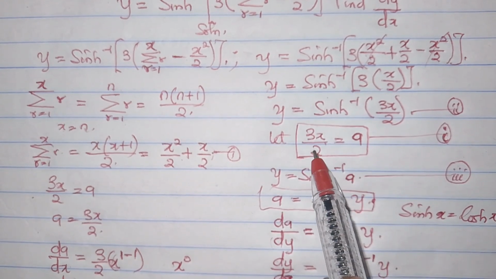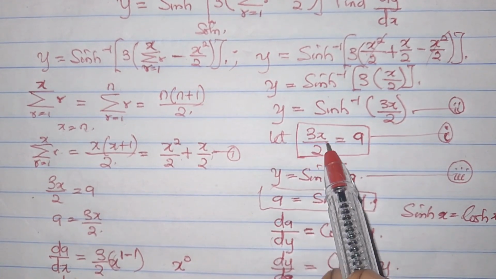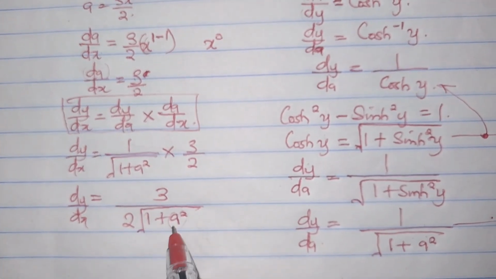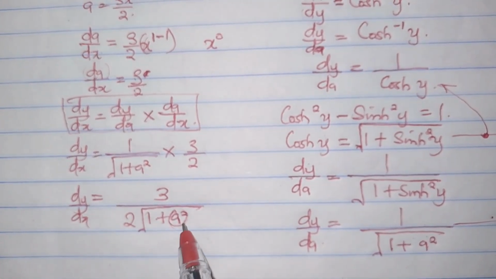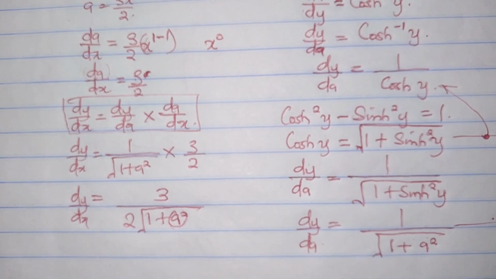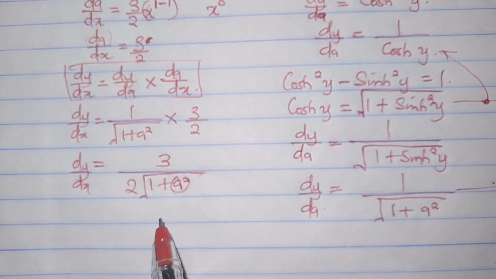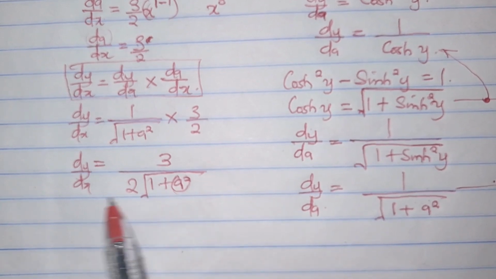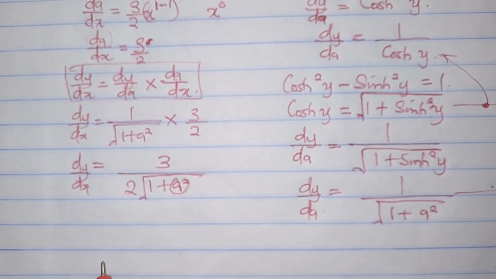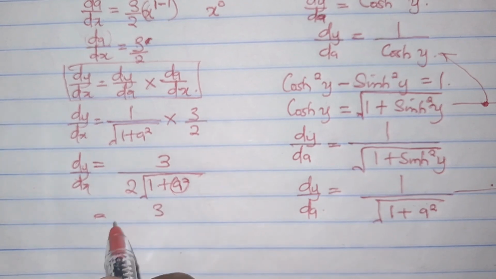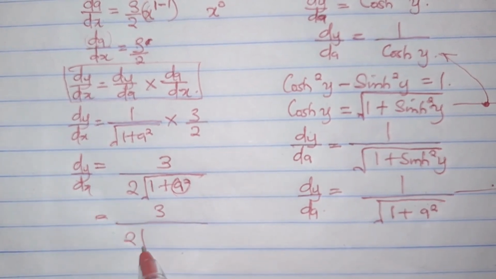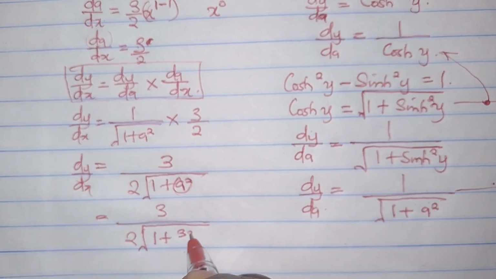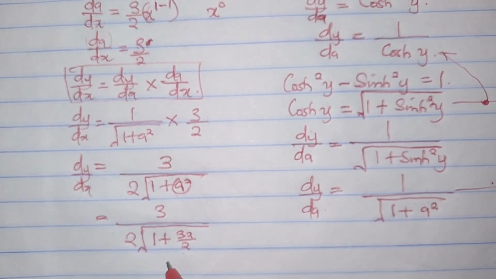So we have to substitute 3 over 2x in place of a back into this point that we are having, that 3 divided by 2 multiplied by the root of 1 plus a square equals the first derivative. So this becomes 3 divided by 2 multiplying the root of 1 plus 3x divided by 2.